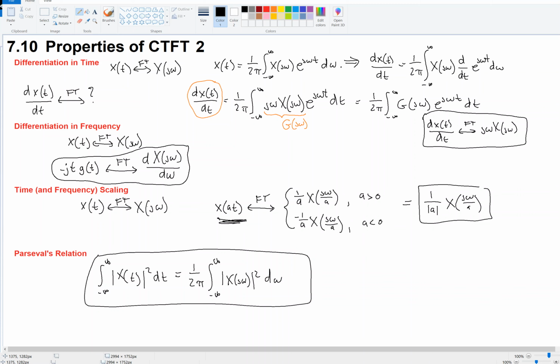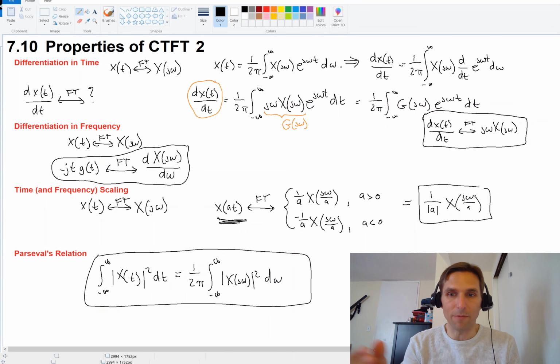So you can find the energy in the signal in either time or frequency.